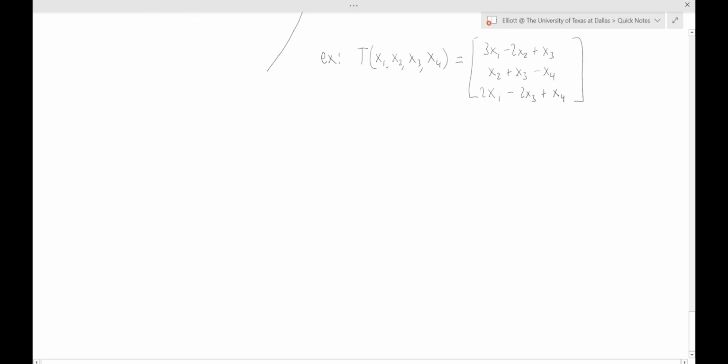Okay. All right, so if we want to find, so this function here is a linear transformation.